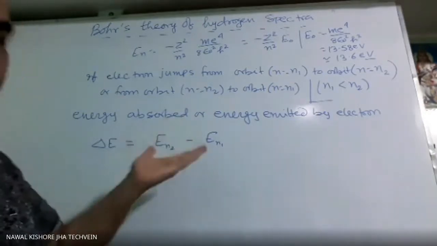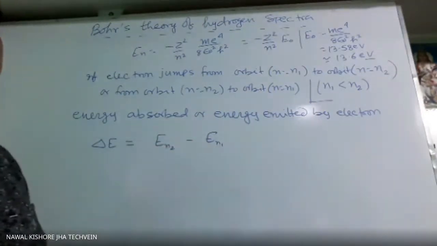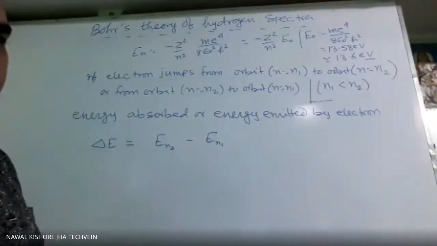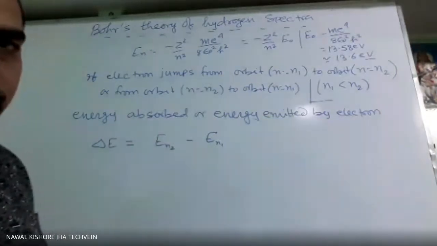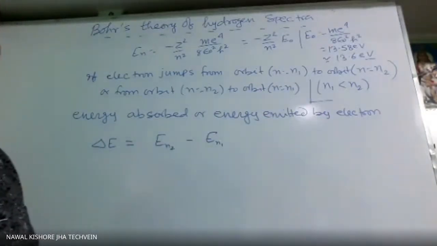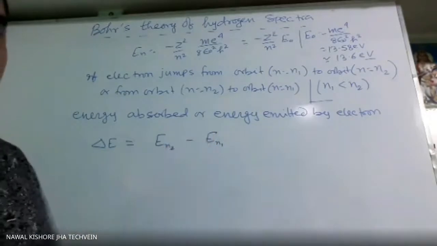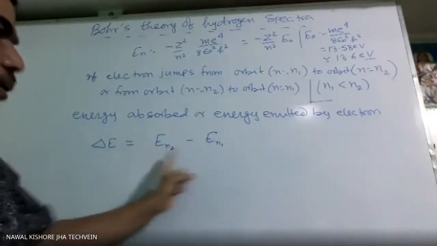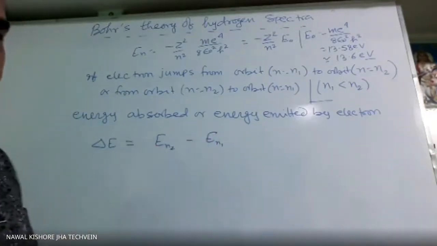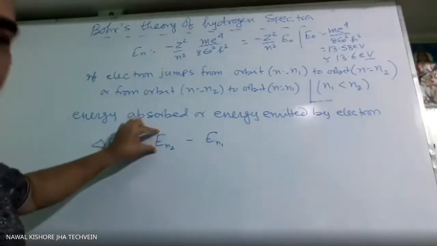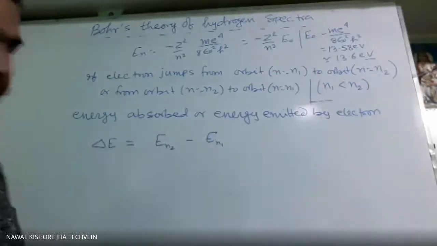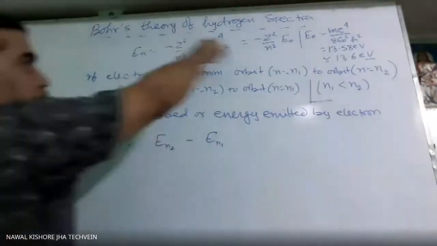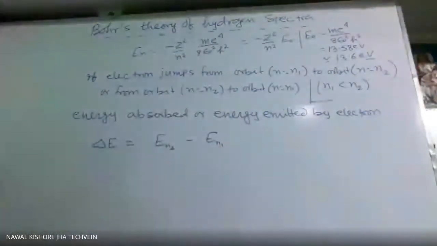While jumping from higher to lower, energy is emitted. Going from lower to higher, energy is absorbed. When it is absorbing energy, naturally the final will be more than the initial. If it is losing energy, the initial was more than the final. So in both cases, it is the energy corresponding to the higher orbit minus the energy corresponding to the lower orbit, as the remaining things are the same. For hydrogen, Z equal to 1.